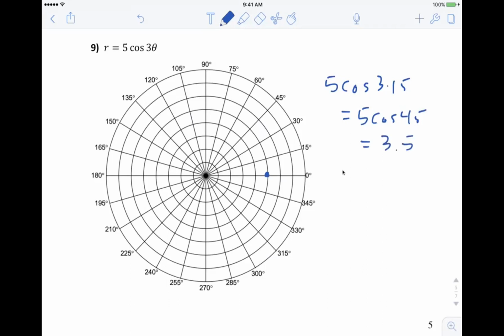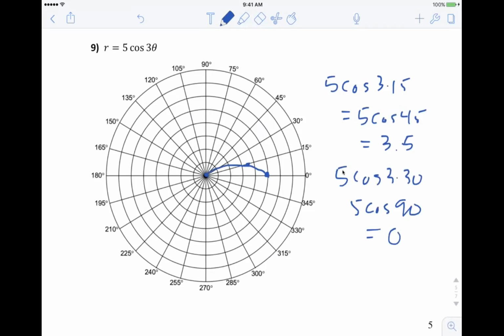So that's 3.5 approximately. So at 15, I'm already down to about 3.5. And then if I do 30 degrees, that's going to be 5 cosine 3 times 30. That's 5 cosine 90, and cosine of 90 is 0. This is equal to 0. So then I'm at the origin. So this one's starting like this.